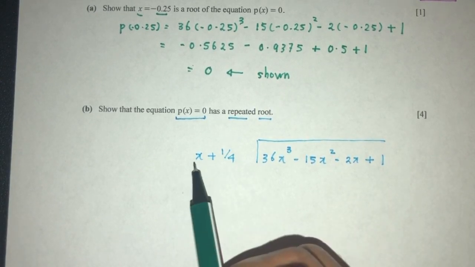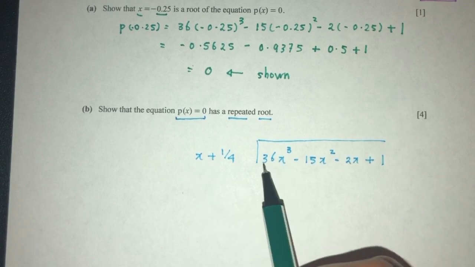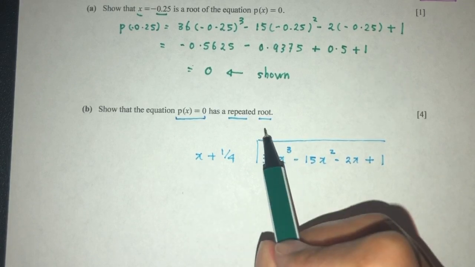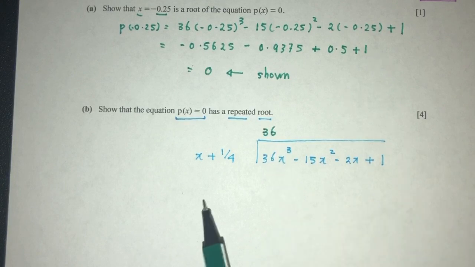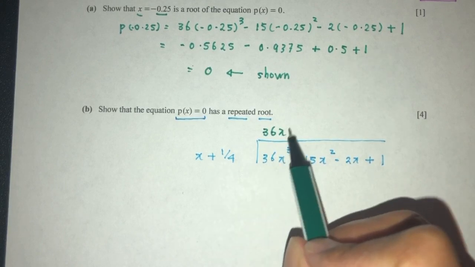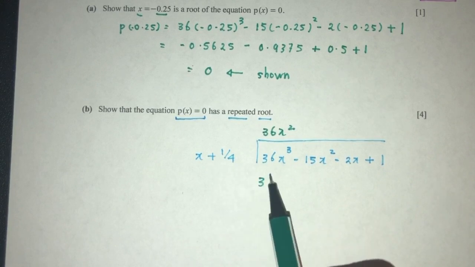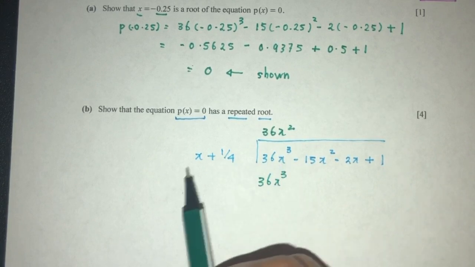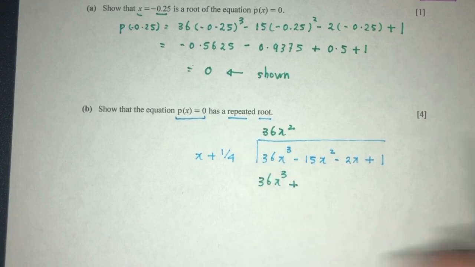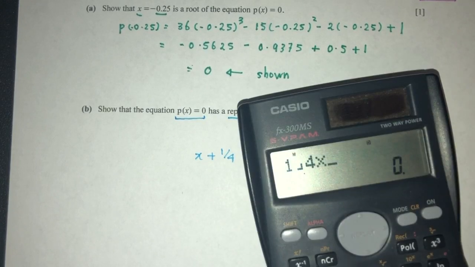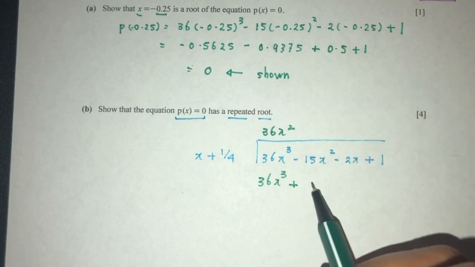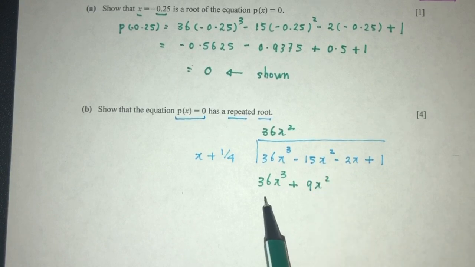Now, first thing first, to make x become 36x power 3, we first have to multiply by 36 and then multiply by x squared. Then we have to multiply this by this, you will have 36 x power 3, and then we have plus, so what is 1 over 4 times 36? That will be 9, so plus 9x squared. Now we have to simplify.